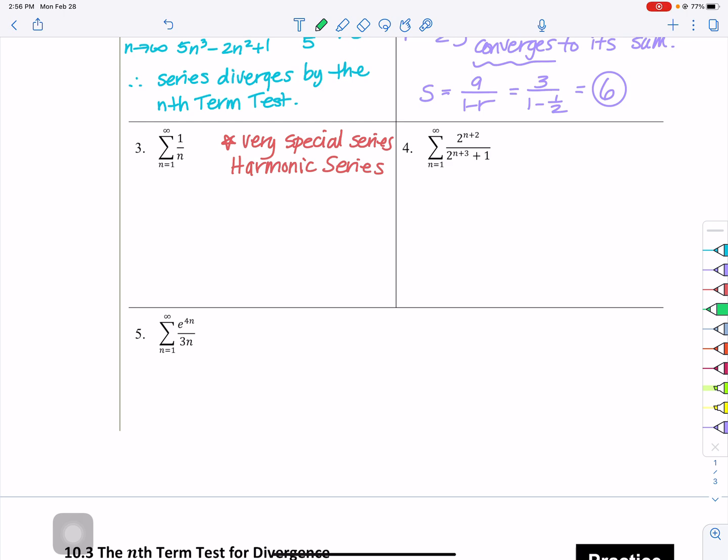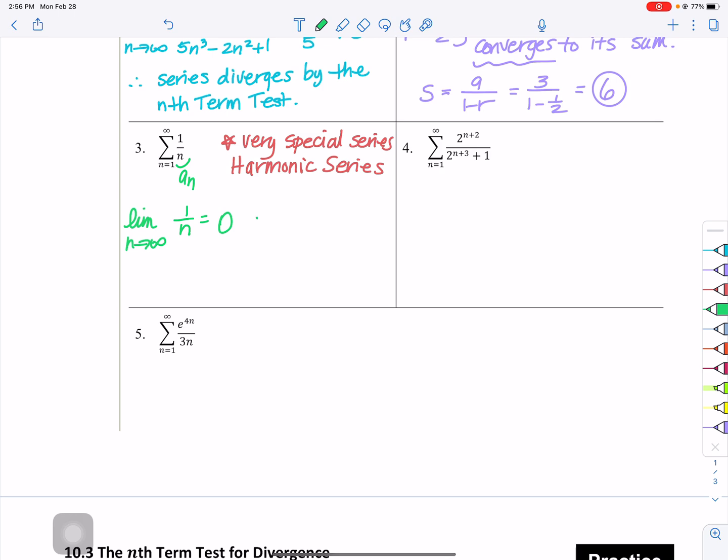So we're going to take the limit. Remember, this is a sub n. We're going to take the limit as n approaches infinity of a sub n. And yes, it's 1 over infinity, which is 0.